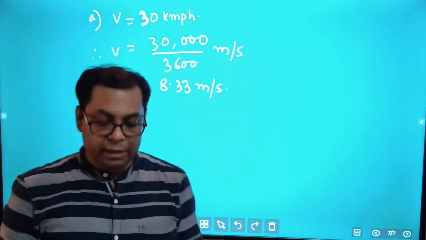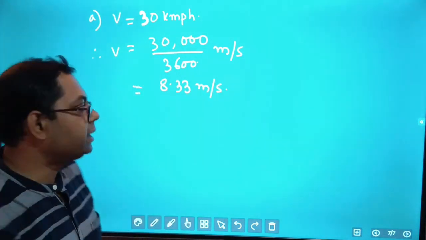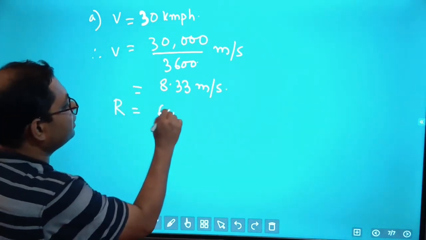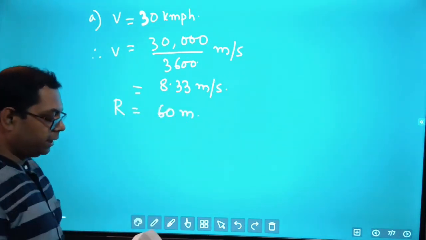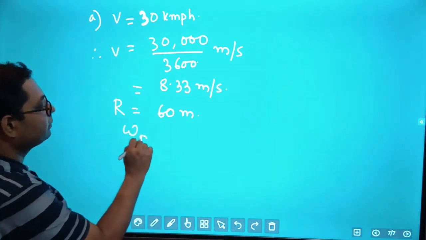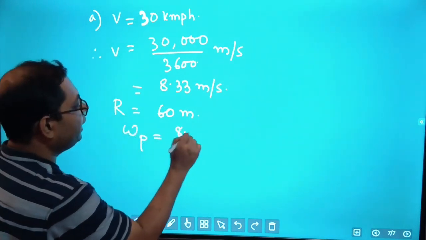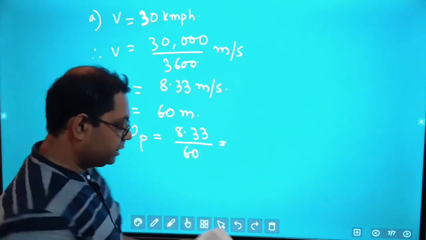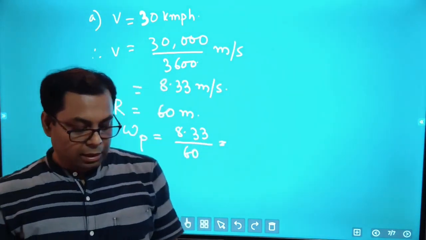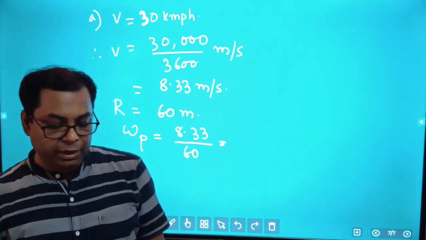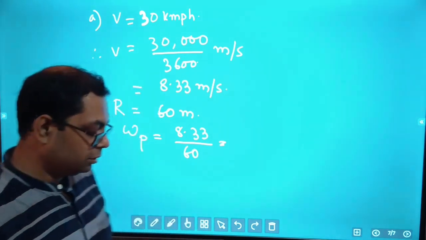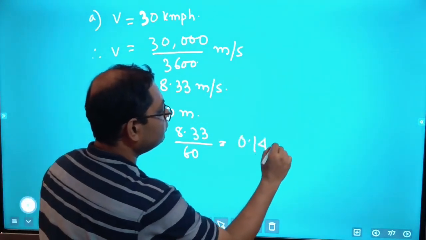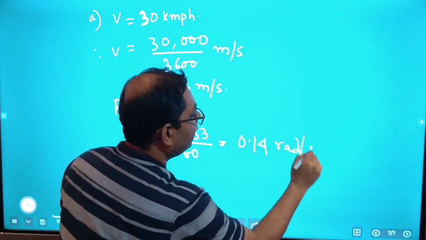And capital R, the radius of rotation, is given as 60. So omega p in this case equals 8.33 divided by 60, which is 0.14 radian per second.